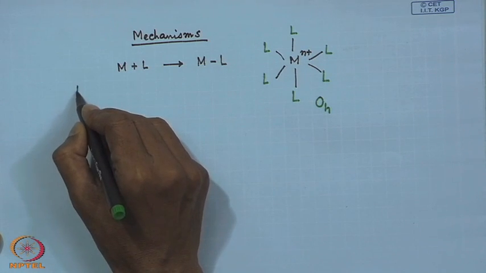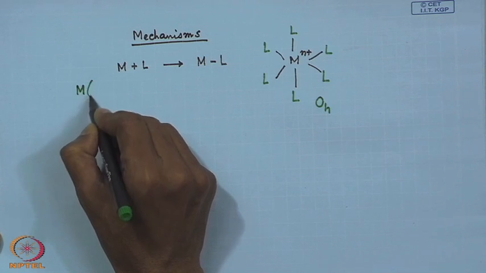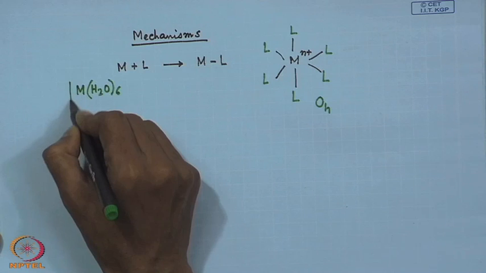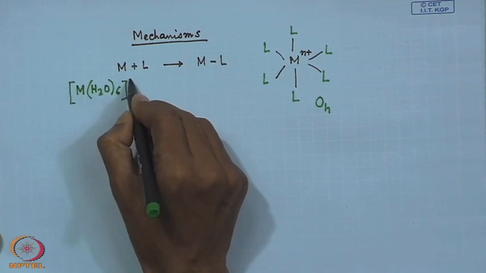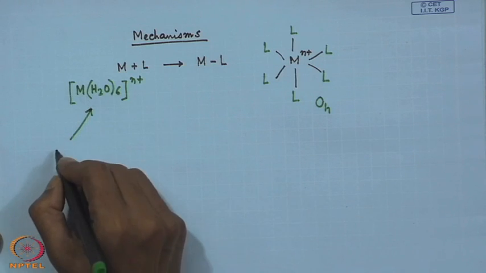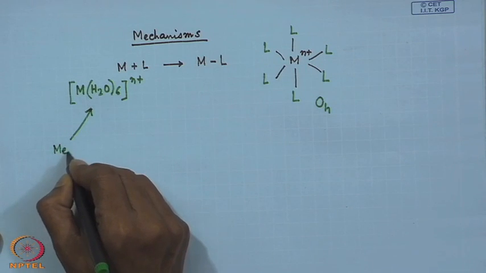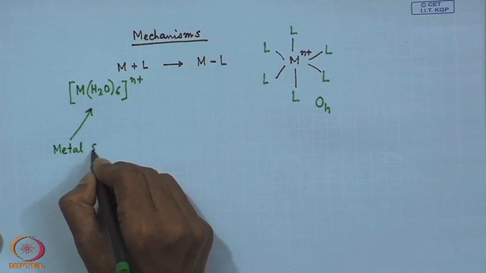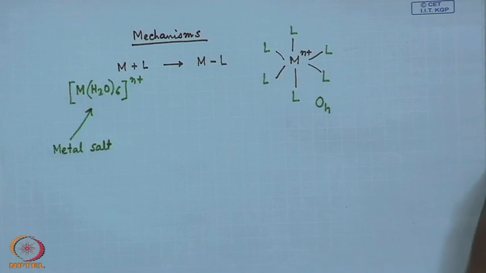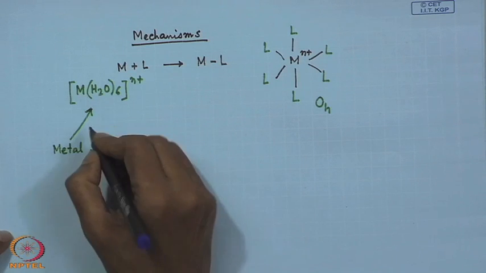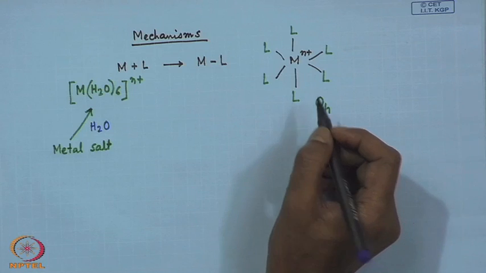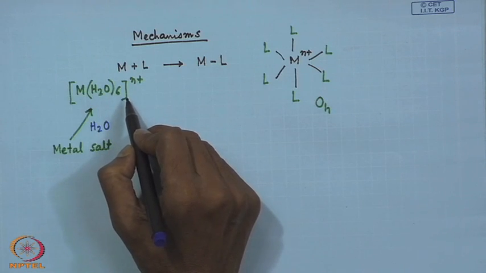But what is actually happening is basically some sort of ligand substitution reaction, because we all know that when a metal salt in the solid state is dissolved in aqueous medium, that means water is present, we get the corresponding hexaaqua complex immediately.